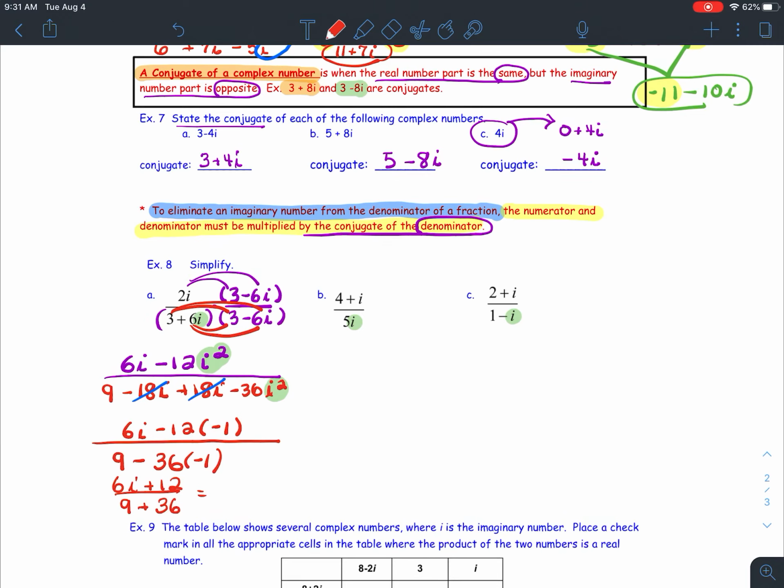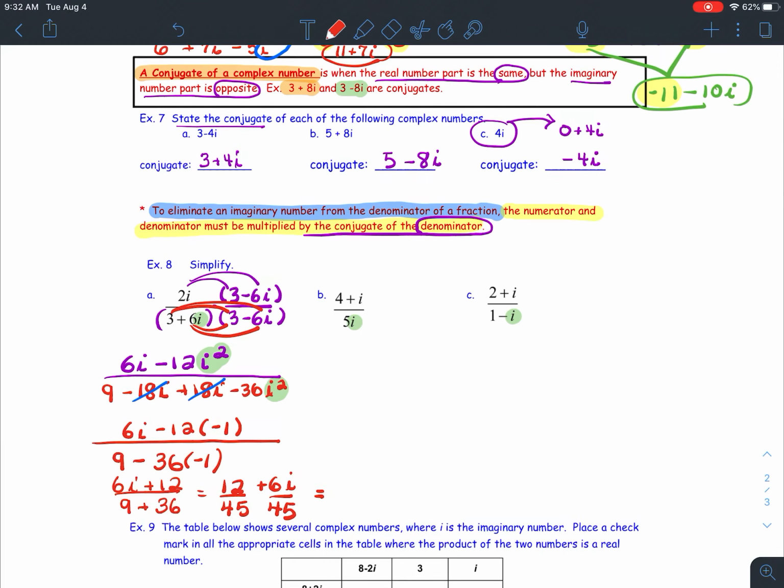So I'm going to put the 12 first, the 6i second, and then my denominator is going to be a 45. I'm going to place the 45 separately underneath each of these two terms.